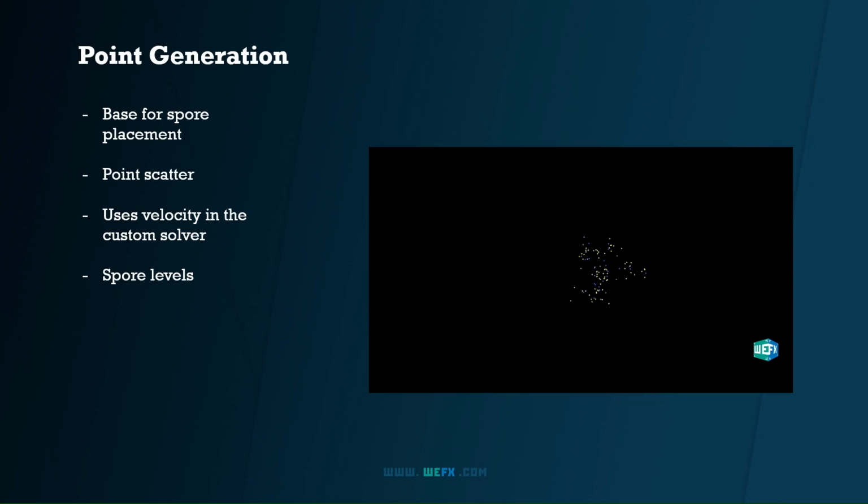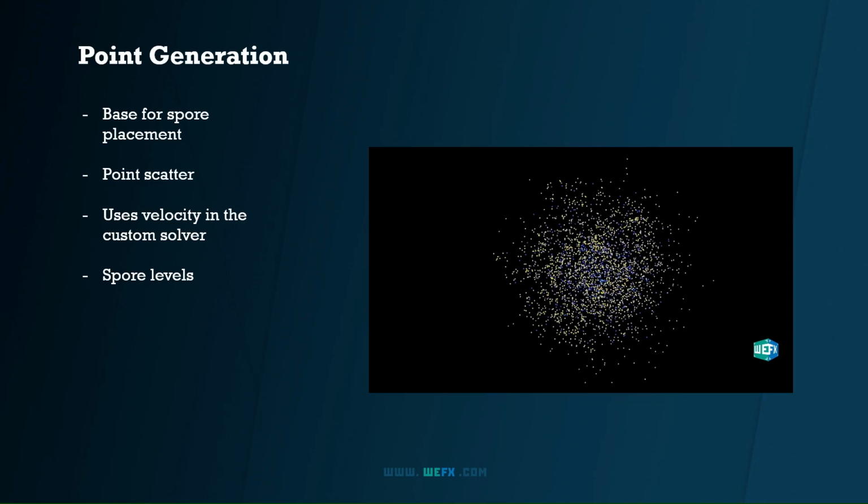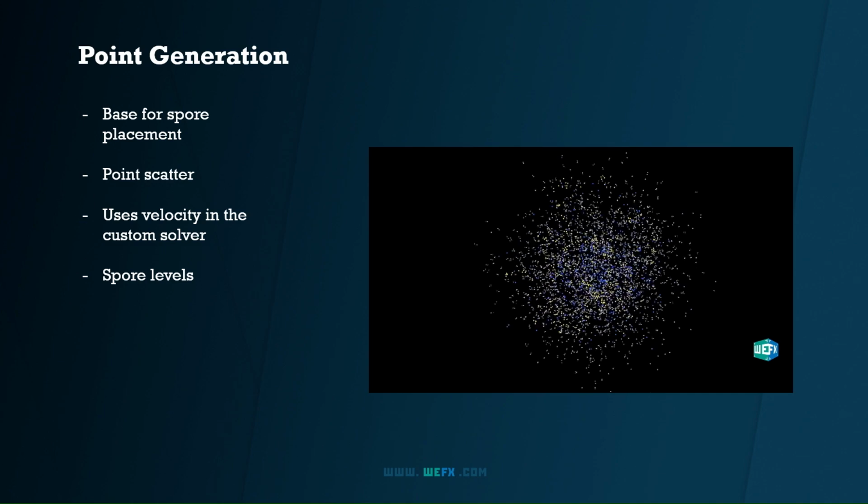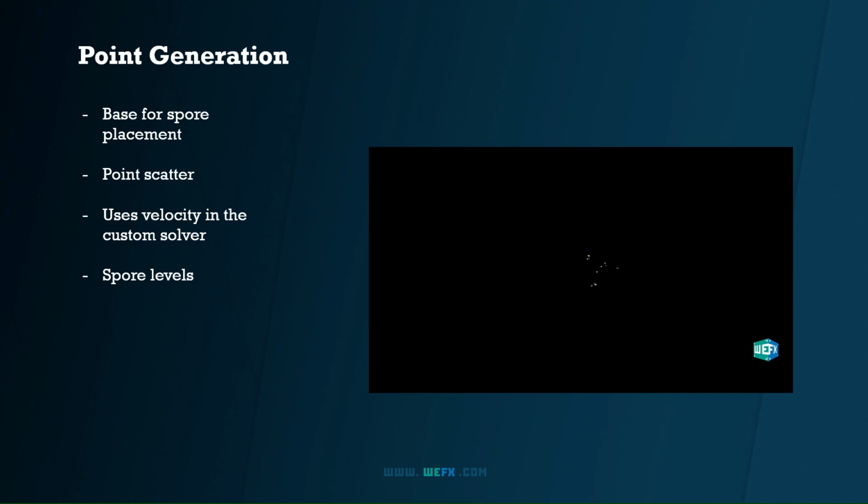So as a first step for our spore growth setup, we needed to create a bunch of points so we can place the spore using copy to points onto. And we did that by scattering a little bit of points on the first sphere, assigning velocity attributes to those points.